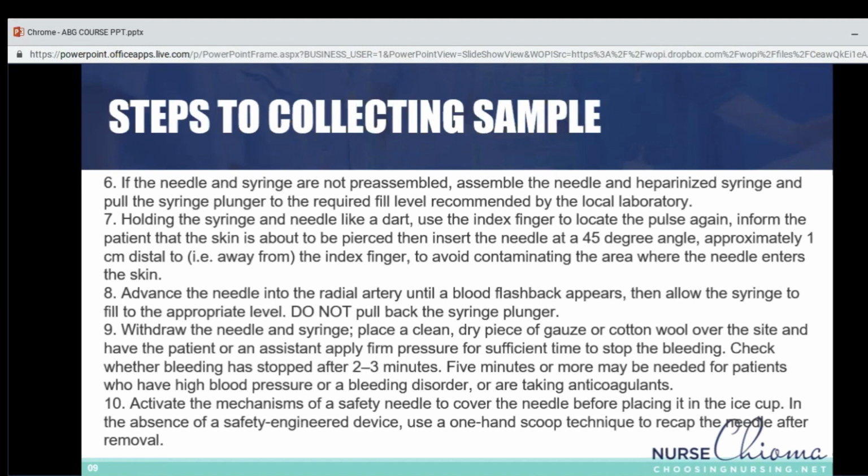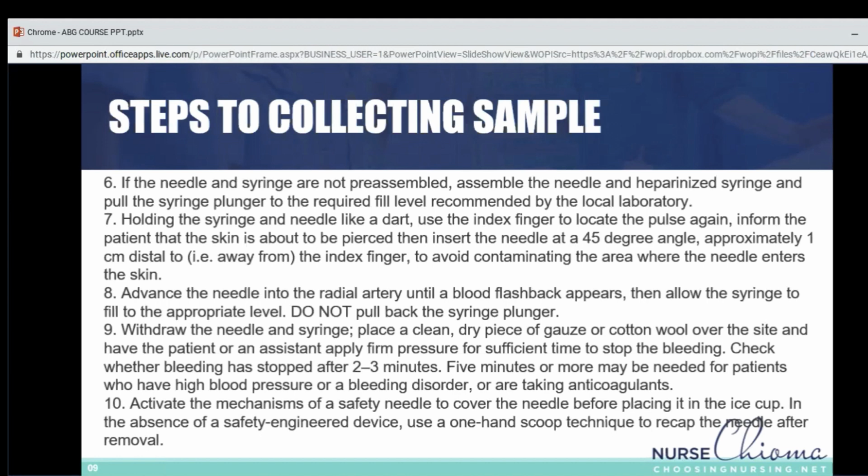If you know they have high blood pressure, chronic kidney disease, bleeding disorders, or are on anticoagulants, you should anticipate that the bleeding won't stop immediately, right? You should hold pressure a little bit longer after you're done, just to make sure the patient stops bleeding. Usually we put a very strong gauze over the site and tape, but you should still apply pressure.